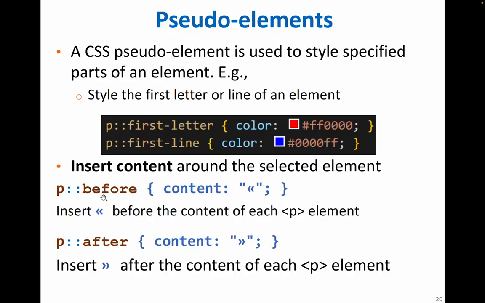How is that? By using these before and after parts, we can add some content before this tag or after this tag. Once you do it, it will insert this character before each of these p tags, and after that it will do it in this way. Now let's see an example.